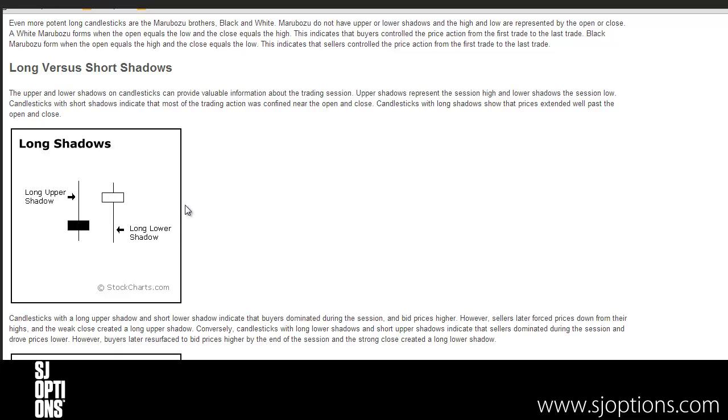And what that's showing is that there was a lot of selling pressure, but by the time the market closed, things came right back up, which kind of sets up the tone for further upward movement the following day or the following week, depending on what time period you're looking at.